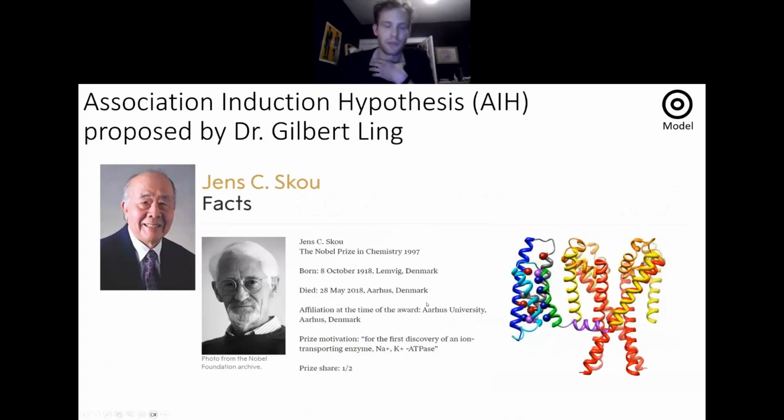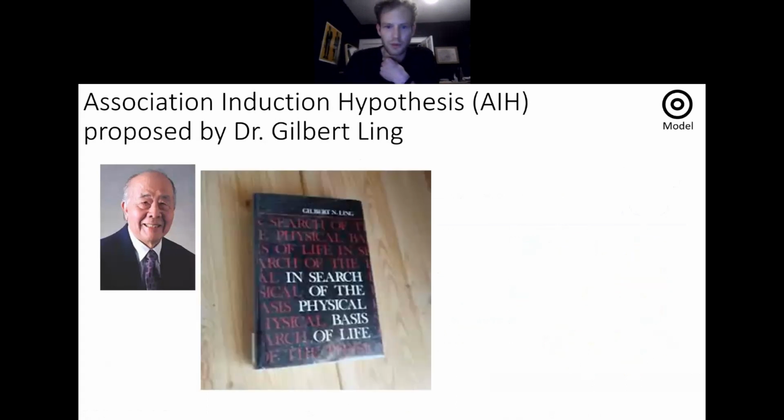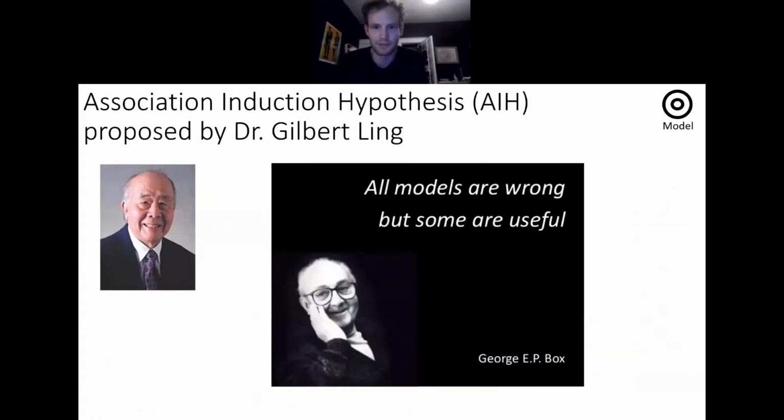This is why people typically don't ascribe to his ideas, since it seems clear that membranes exist and that they have pumps. But I think what's most interesting about his book on the association induction hypothesis is that he imagines a cell theory without the need to invoke a membrane. And I think that there's incredible intuition to be gained from that, and that's what this yeast group has been basing their theories on.